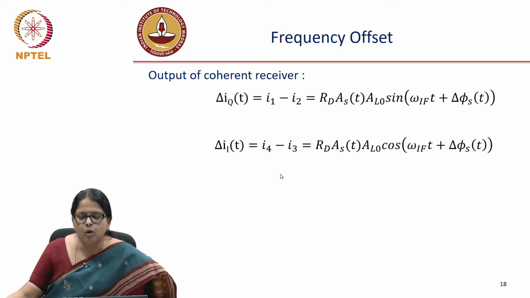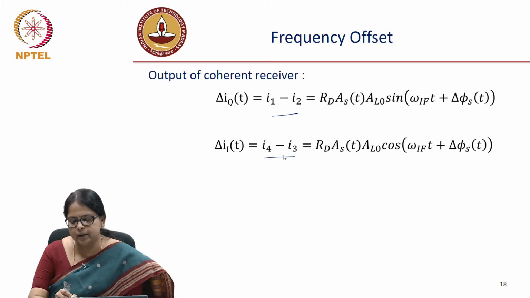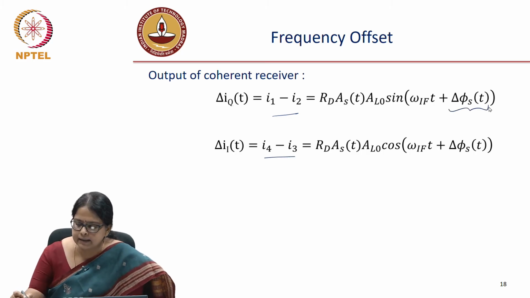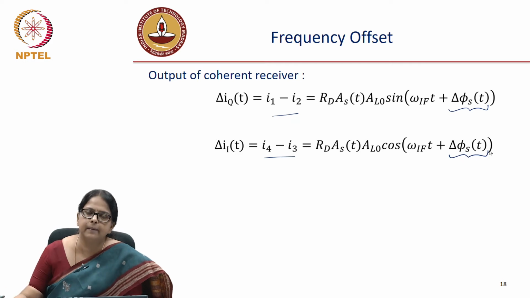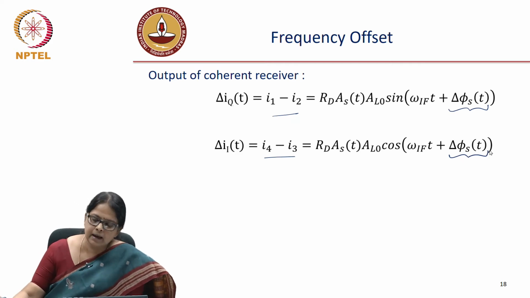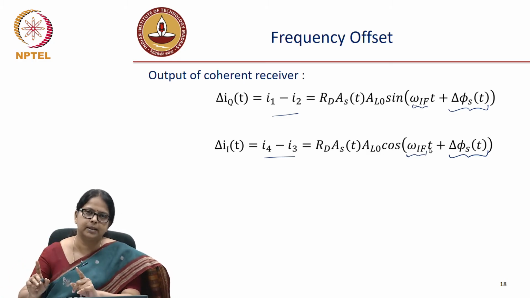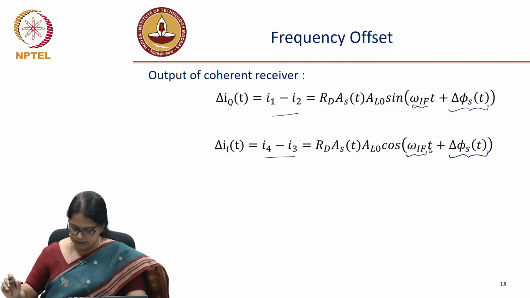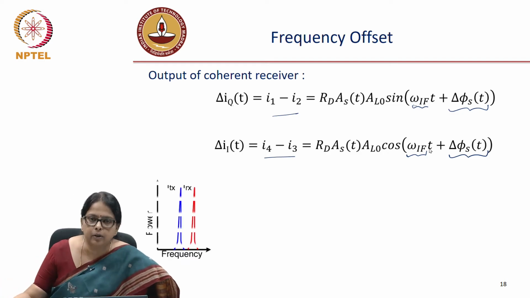Now, the output of the coherent receiver, the I1 minus I2 and I4 minus I3, right. That component has the phase of the signal that you want to extract, but it also has the IF frequency, and this IF frequency is the frequency separation between the signal laser and the local oscillator laser. This is the frequency offset that we are talking about.